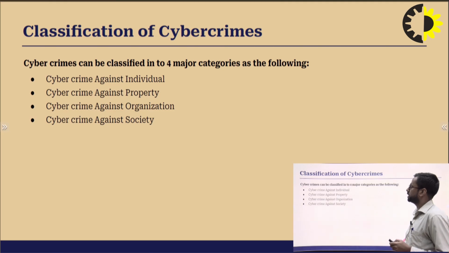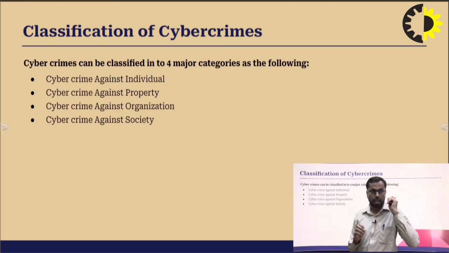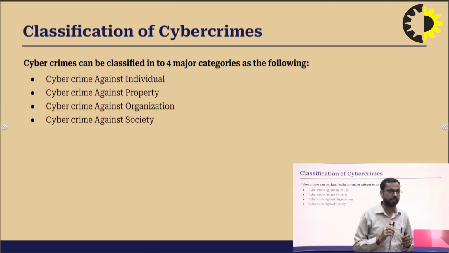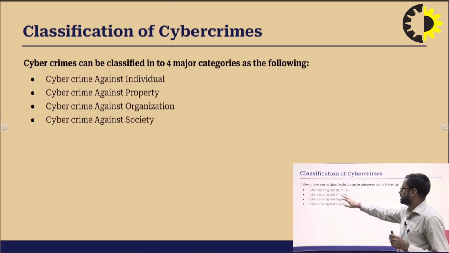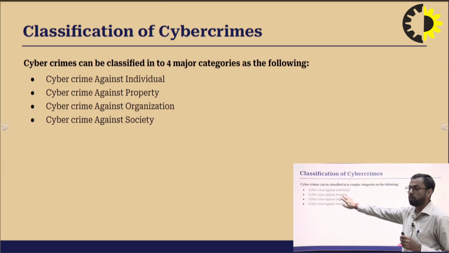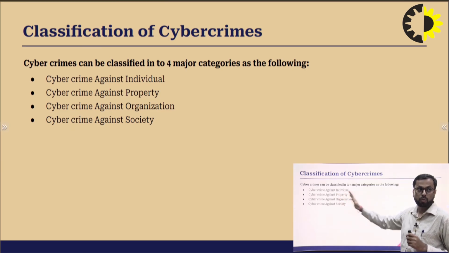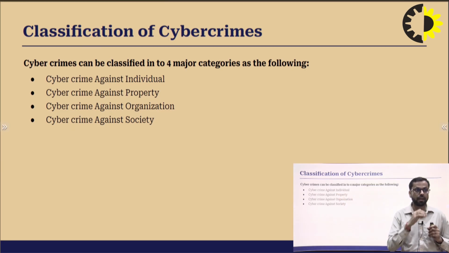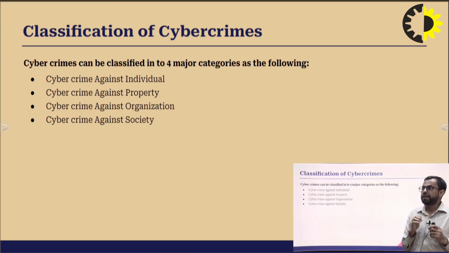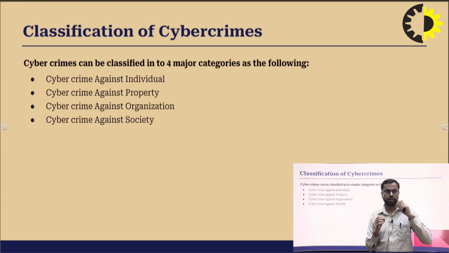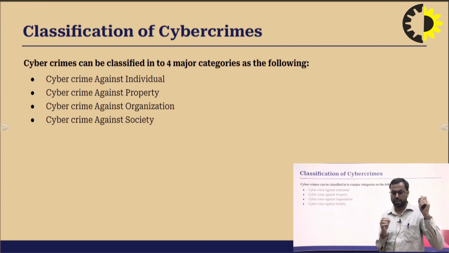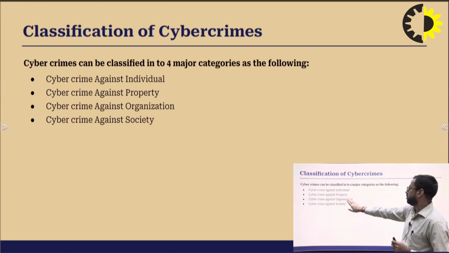What is the classification of cyber crimes? Basically, we categorize cyber crimes in four different categories: on the basis of individual persons, and on the basis of property. Property is specifically the assets that a person uses. It may be a hard disk or personal data stored in a hardware device or in global internet storage.